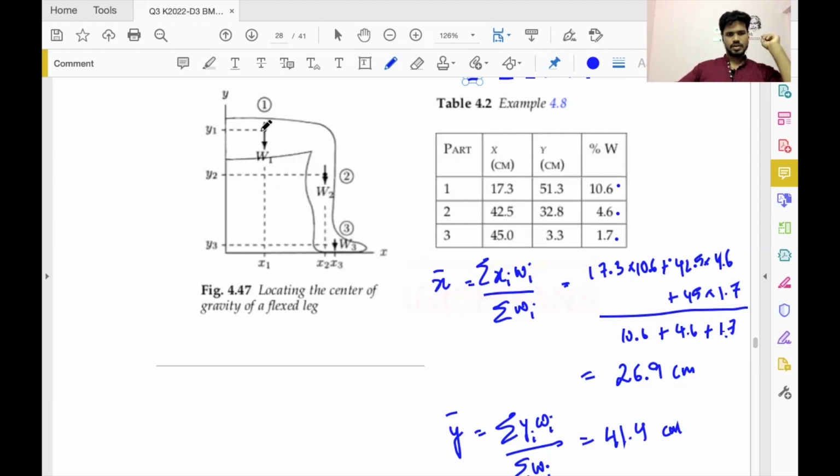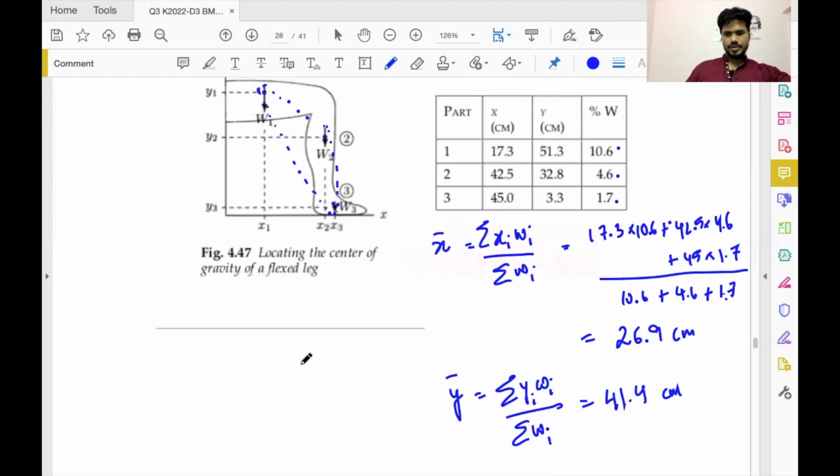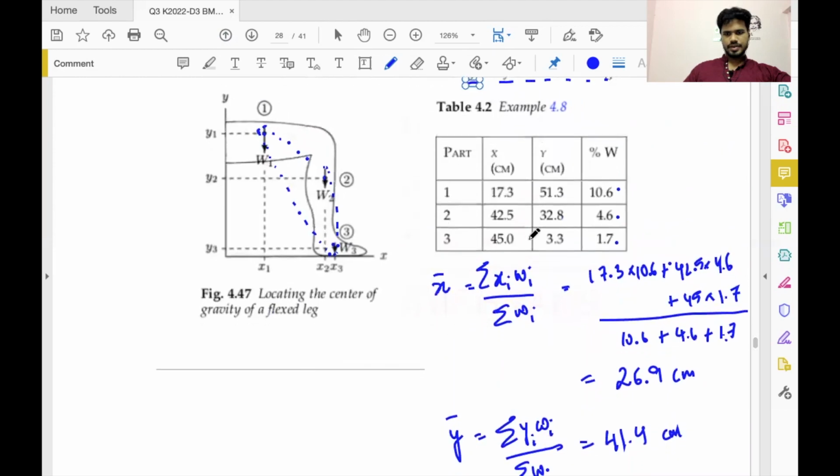Notice, if you have to wrap a rubber band around these 3 points, let's say there is a nail here, nail here, nail here, the CG should lie within that rubber band, known as a convex hull. Technically, this number should be within the triangle formed by these 3 points.